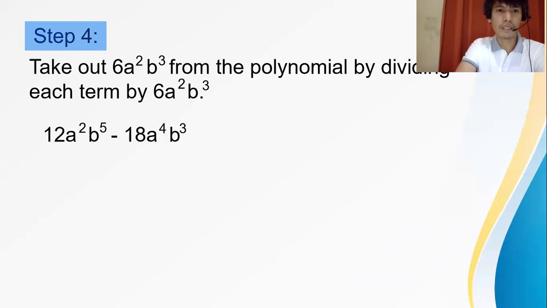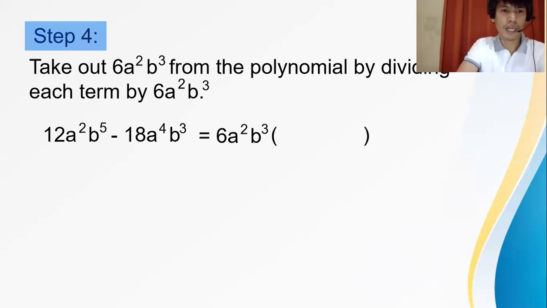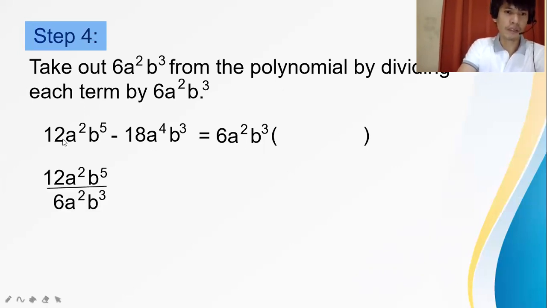So, this is our given, and this is our greatest common monomial factor. Then, we look for the other factor. What we do is divide the first term by the greatest common monomial factor. So, therefore, we divide the 12 by 6, then a raised to the second power by a raised to the second power, b raised to 5 by b raised to 3.